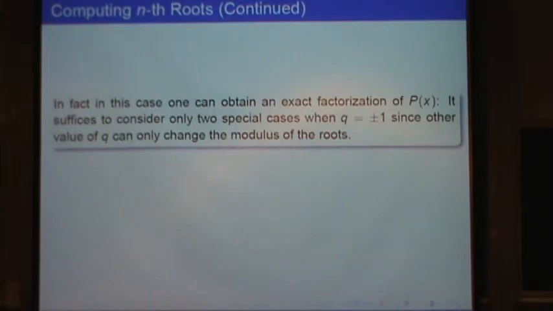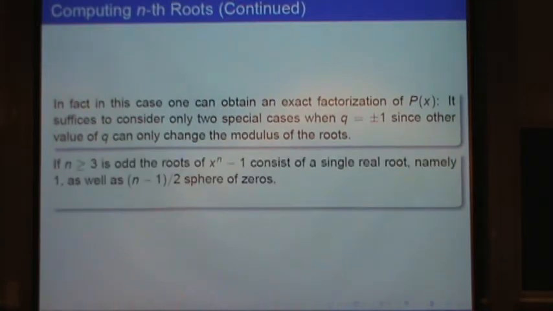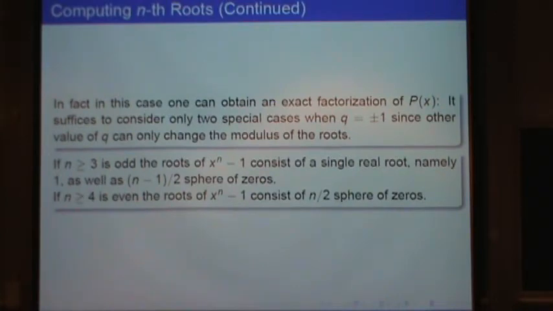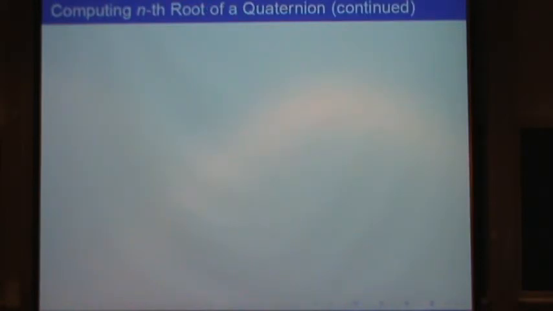In this case, one can obtain an exact factorization for p of x. Let me go over this quickly. Anyway, this theorem trivializes the nth root computation too, because you just go to this real polynomial, find its roots, and then you apply this theorem.